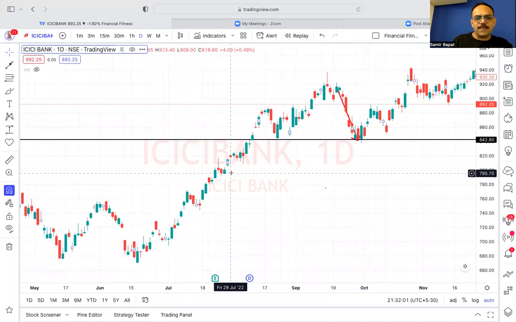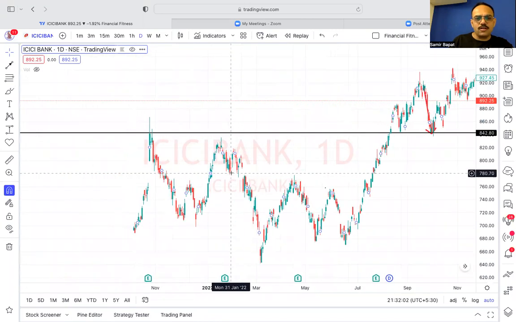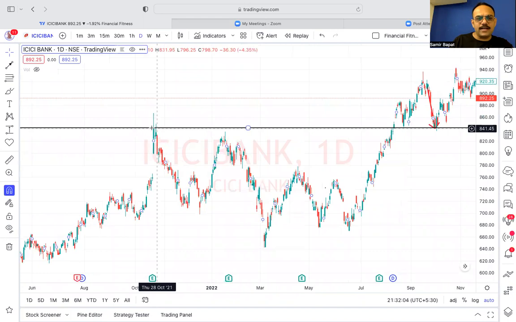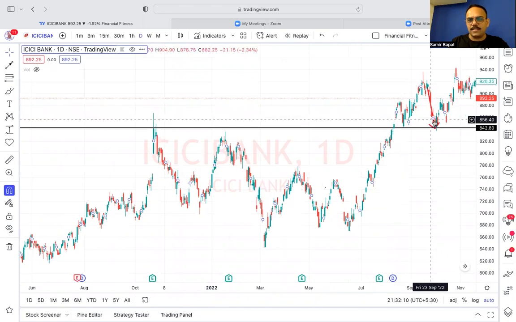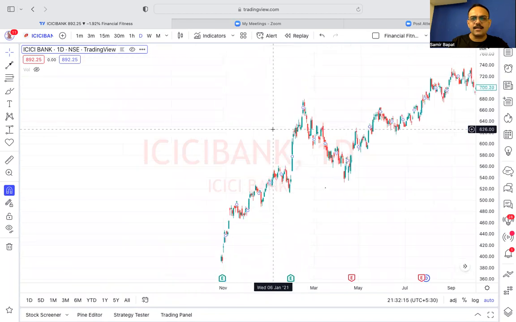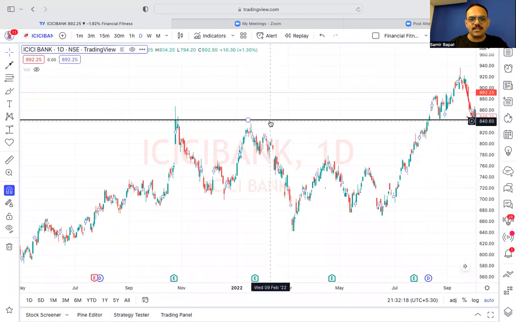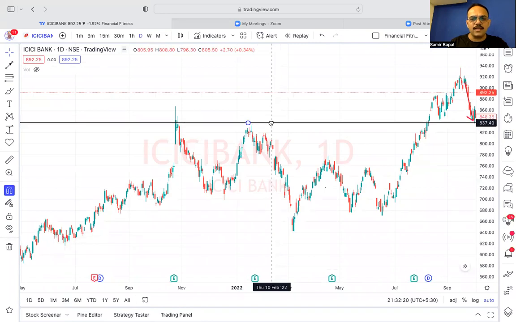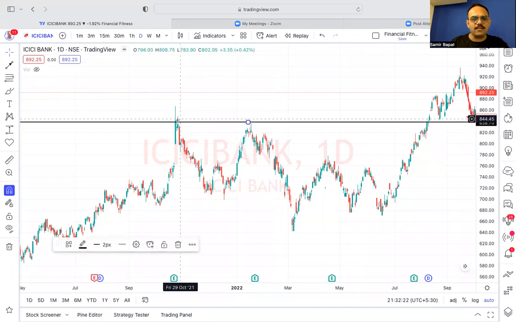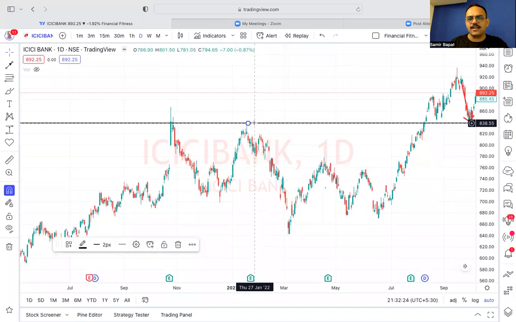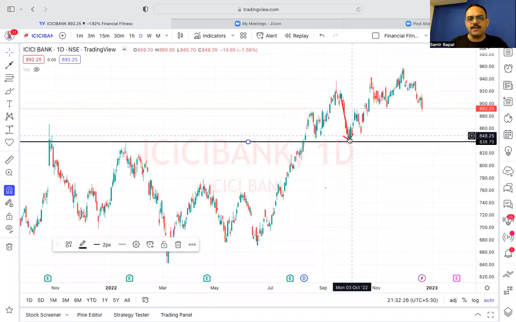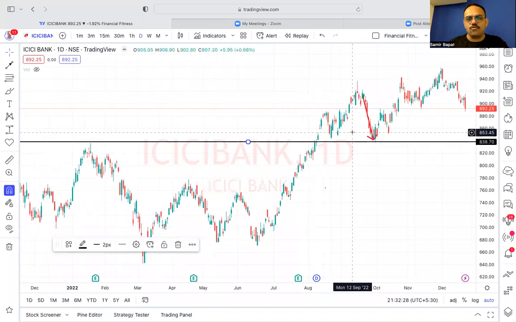So this becomes my supply demand zone. Previously, see, it did not cross here. So this was a resistance zone. After it goes up, this becomes a support zone. So this is a decent supply demand zone. If we match this band, we can say, okay, it was a resistance here, support here.